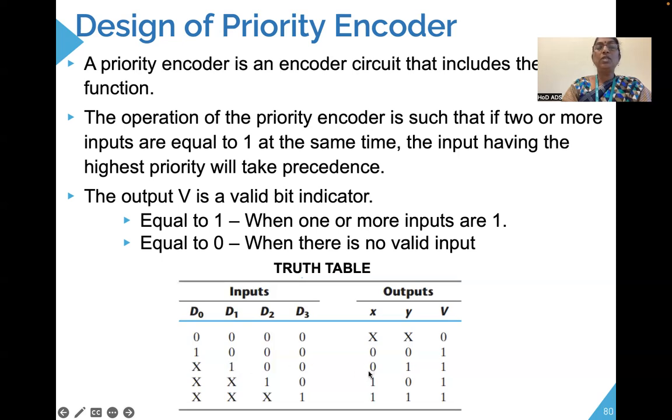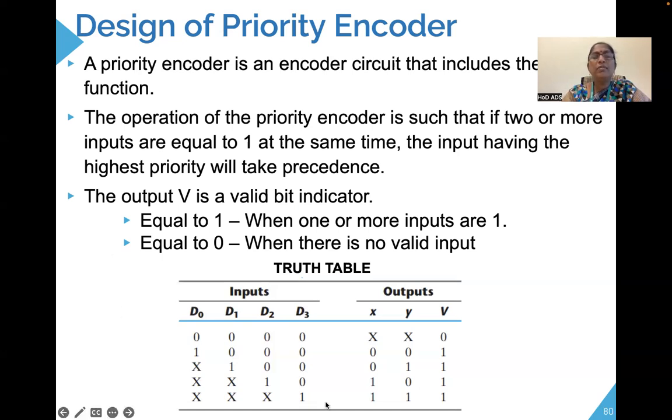That's why you get 0, 1. Similarly, when you consider D0, D1, D2, D2 has the highest priority, so that will be set as 1. We are not going to bother about whether D0 is 1 or 0 because D2 has the higher priority. That's why we are not considering the lower order inputs here.